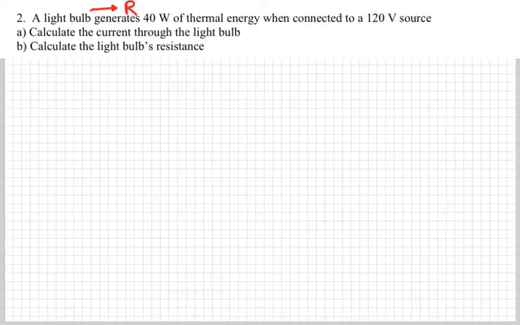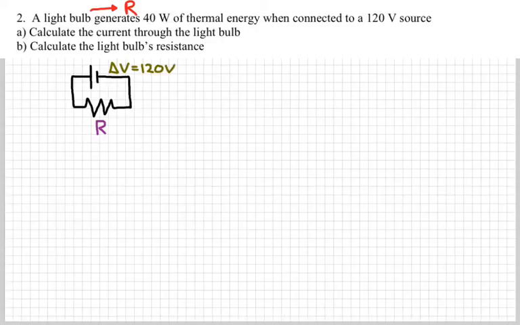So even though it doesn't ask me to, I'm going to go ahead and draw a circuit diagram. Circuit diagrams are kind of like the circuit equivalent of free body diagrams. We might want to draw one every single time. Since we don't know what the resistance of this thing is, I'm just going to call it R. I know that the voltage is 120 volts, so I'm going to label this 120 volts.